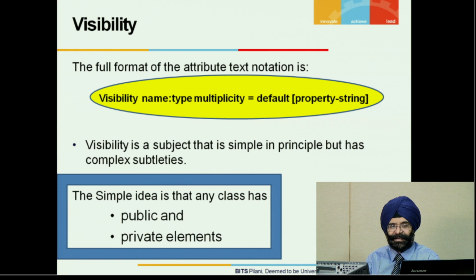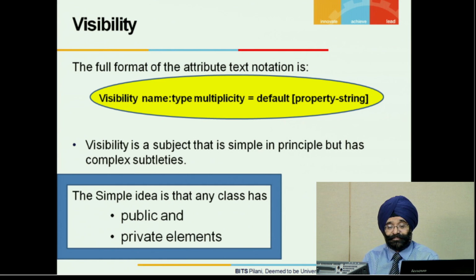Plus stands for public, which means available to everybody. Minus means private, which means visible only within the class. If you are sitting within the class, you can view this particular component. Maybe a method, maybe an attribute. It's only visible internally. We call it private. Public is something visible from outside.